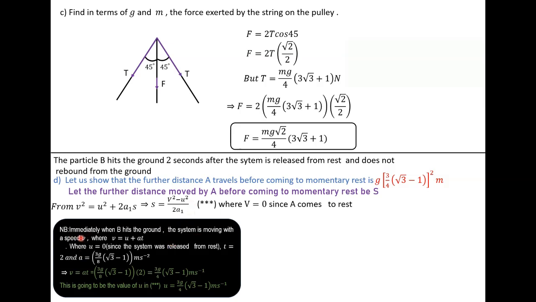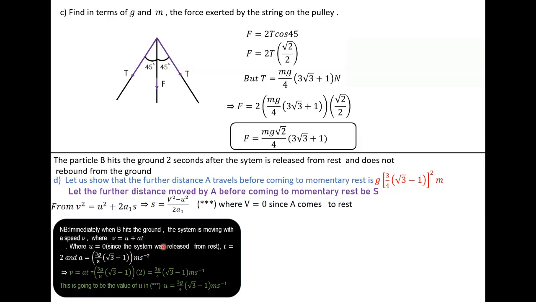Note that immediately when B hits the ground, the system is moving, that is, the particle A is moving with a speed V. And we can also use this expression for uniform acceleration, that is V equals U plus at, to get that expression of the speed V of the system immediately when B hits the ground, where U is actually equal to 0 because the system was released from rest.